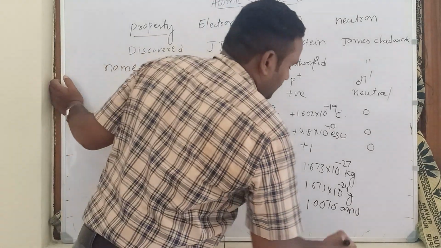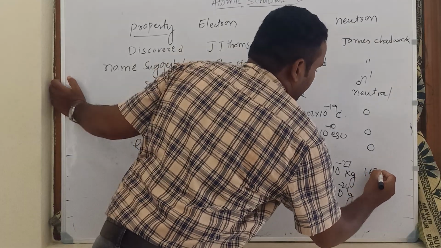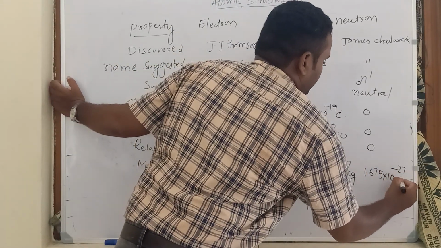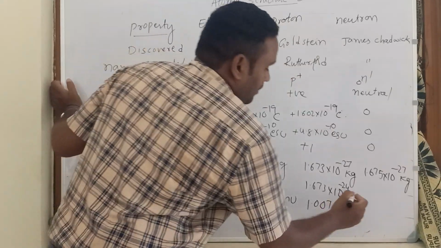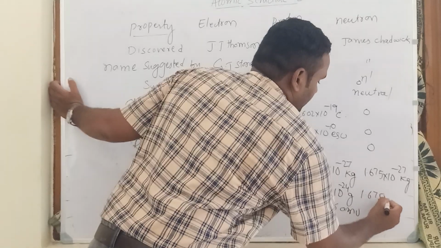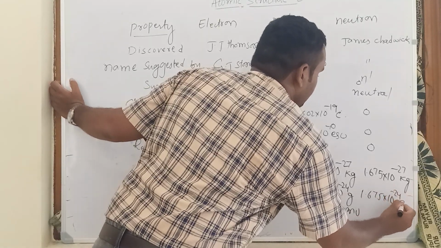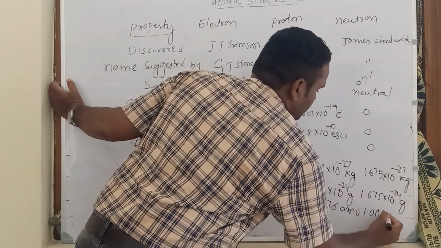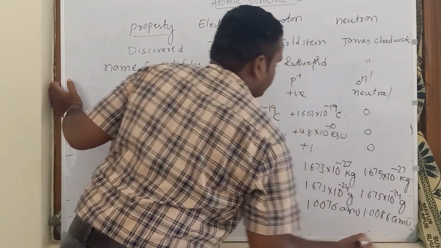And what is the mass of the neutron? That is 1.675 × 10^-27 kg, or 1.675 × 10^-24 grams, or 1.0086 AMU.